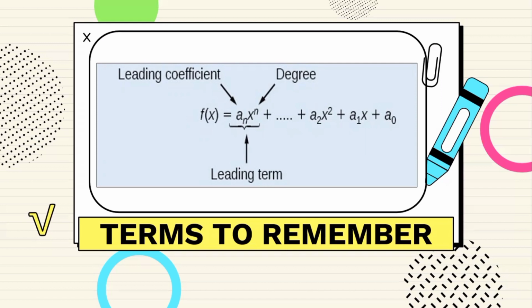The leading term is the one that contains the degree of the function, and the degree is the exponent of the variable of the leading term.